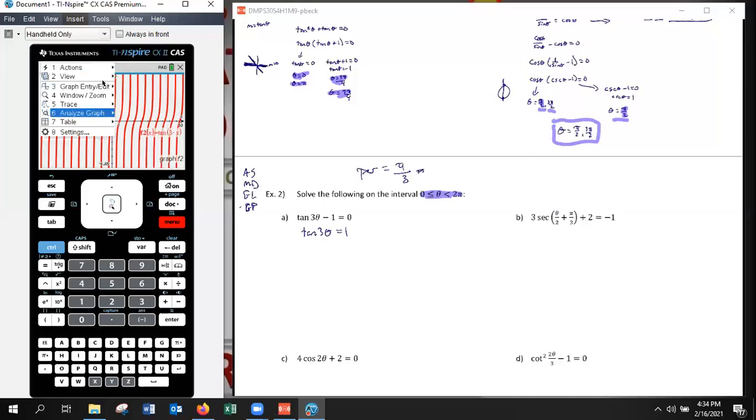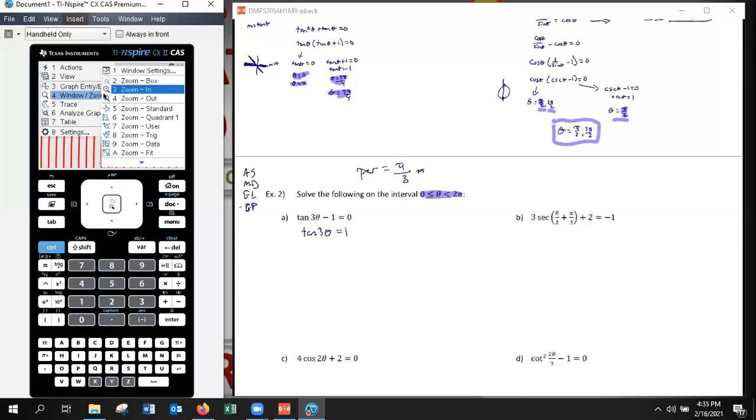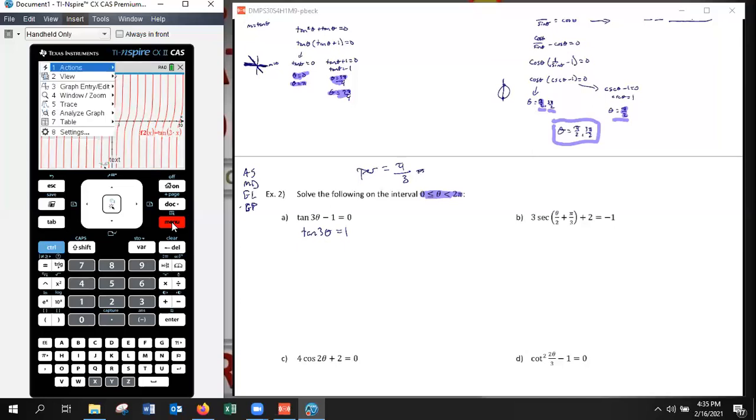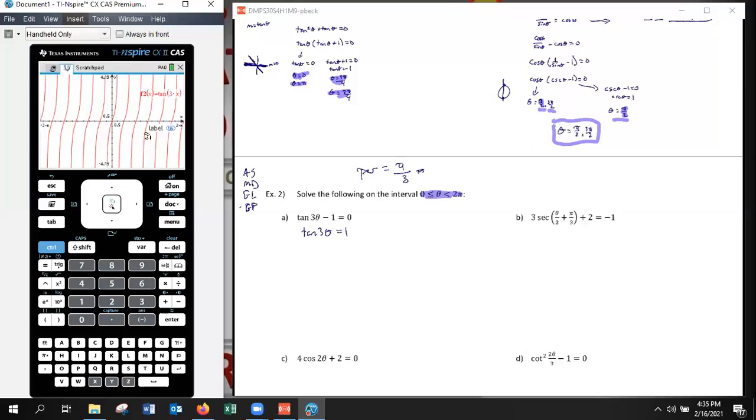I want menu and window. So let's do, nope, I think it's zoom trig. I don't get to do enough of these, which is what's sad. So window, I can get there eventually. Zoom trig, that's a little bit better. Now I'm going from 0 to 2 pi, and you can see our period is still pi over 3.